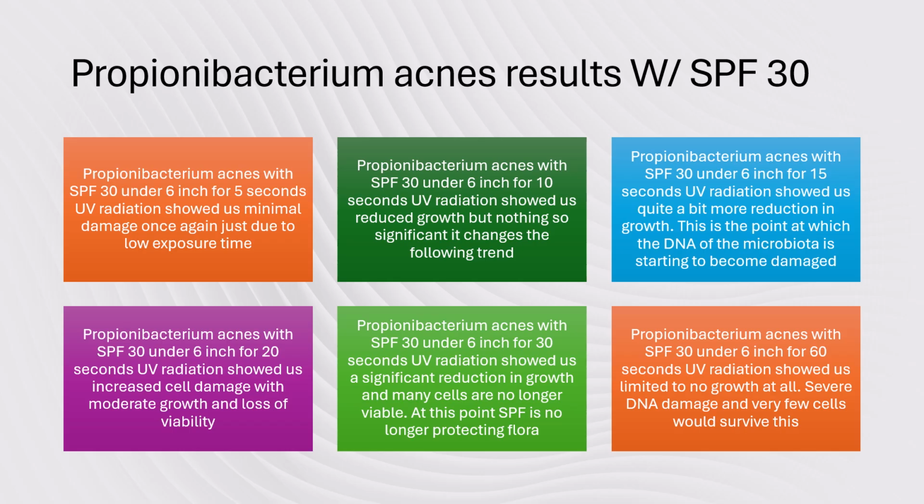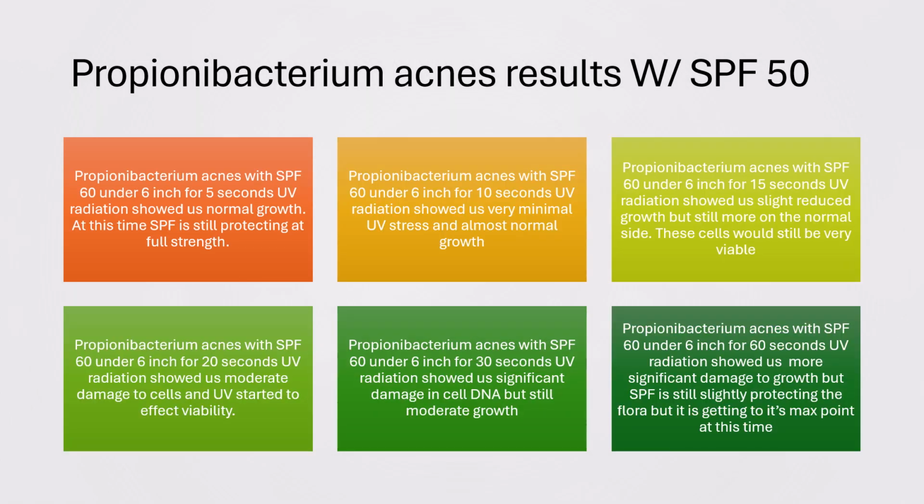This showed us very limited growth to actually no growth at all. Several cells have been killed off at this point, and you'll also see severe DNA damage at this exposure time. So we saw complete death at 60 seconds with SPF 30.